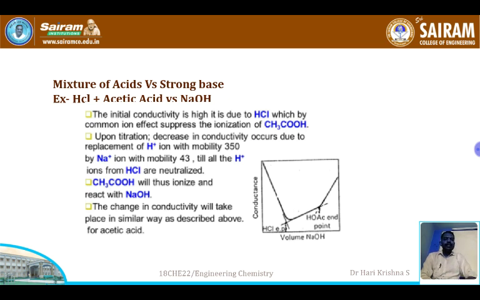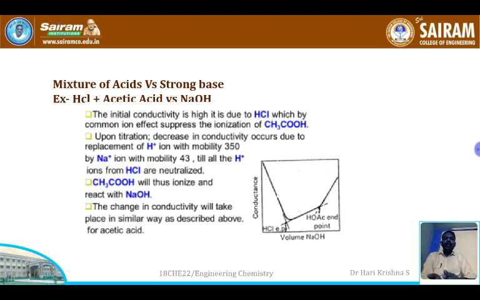You dip the conductivity cell and add NaOH in increments of 0.5 ml. When two acids are there, the stronger acid always gets neutralized first, later the weaker acid. Since HCl is a stronger acid, HCl starts getting neutralized. Since the H plus ion concentration decreases, conductance also decreases. Later, acetic acid starts neutralizing.